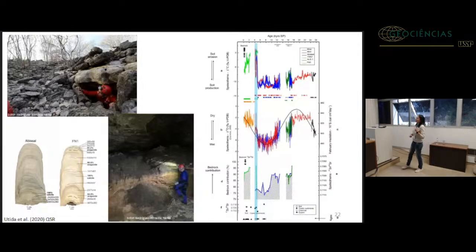But I still have questions. Why do I have guano above the sediments? It was wet and became very dry, and now I have guano. Did the bats appear in the cave because it's dry? I don't think so. Maybe they were already there.